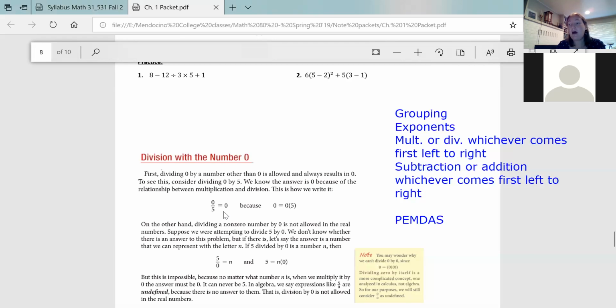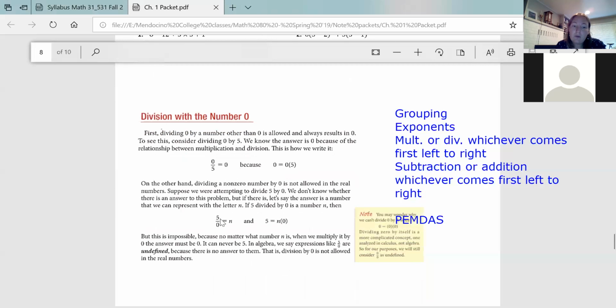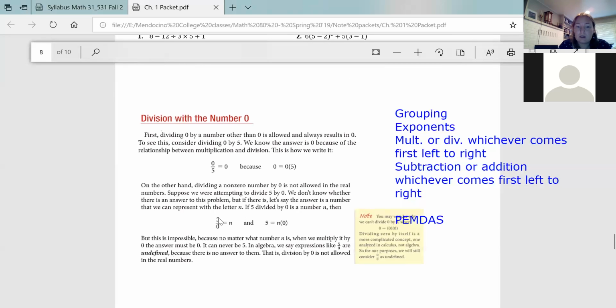If you divide nothing among 5 people, they all have nothing. And you can check your work by saying 5 times 0 is 0, versus the one underneath where you're dividing by 0, which I'm sure you've heard you can never divide by 0, because 0 times nothing will never get you 5. And so that's why it's called undefined. That's the word they use to describe dividing by 0.